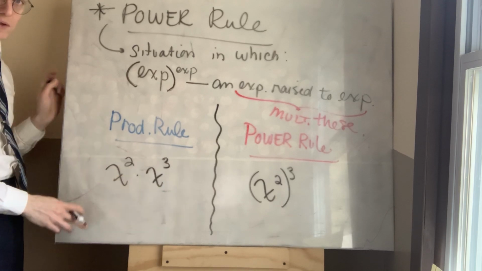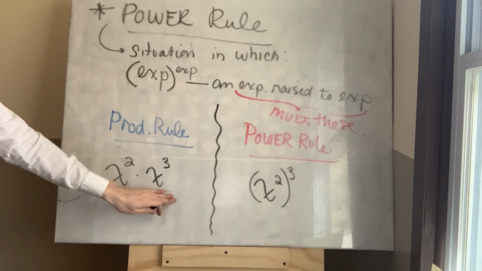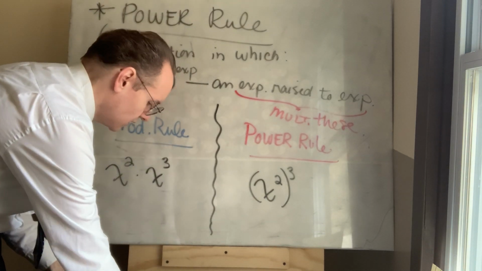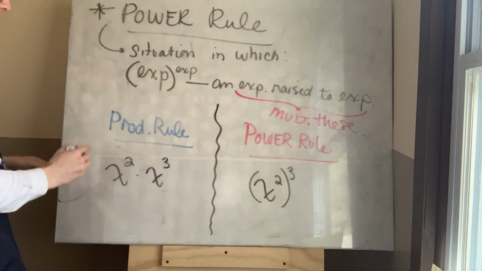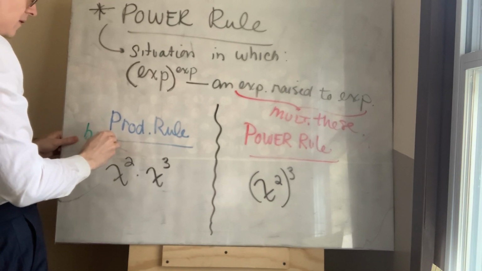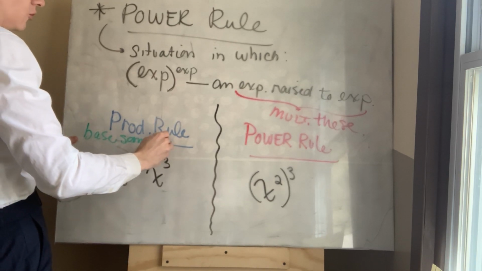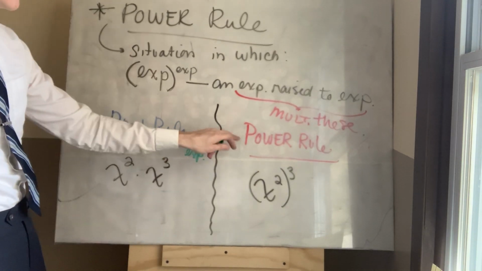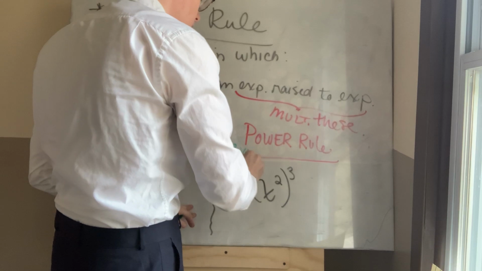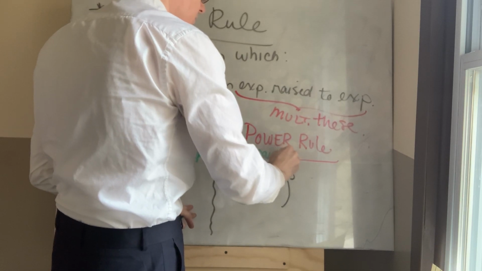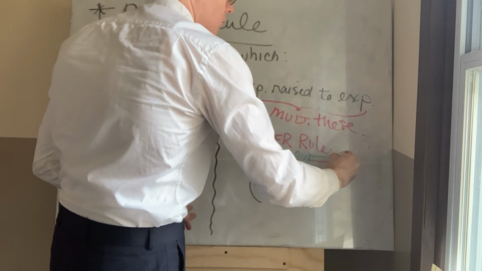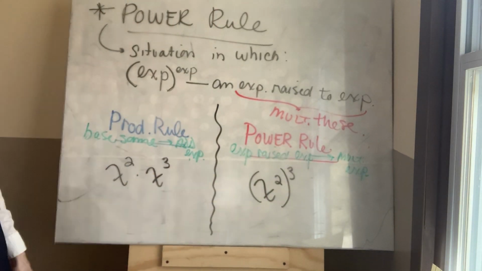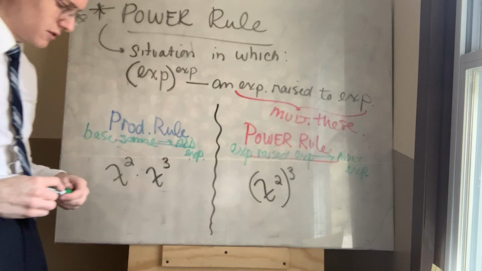In this product rule, you don't really need that. The product rule tells you if the bases are the same, that you add the exponents. Whereas in the power rule, if you have an exponent raised to an exponent, you multiply the exponents rather than add them.